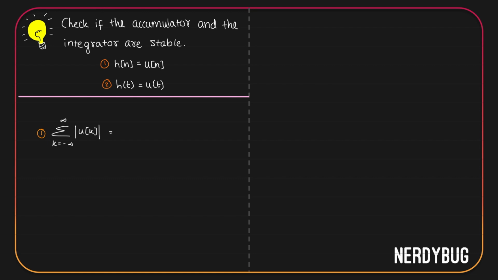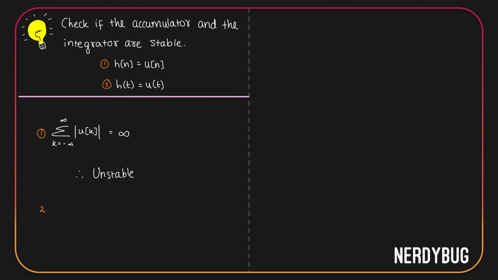So, you will be taking summation of infinite ones between 0 and plus infinity, which will give you infinity. Therefore, this system is unstable. For the system to be stable, the impulse response is supposed to be absolutely summable, or the summation should have a finite value. Here we do not have that.